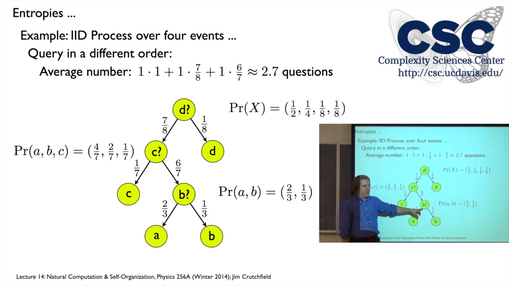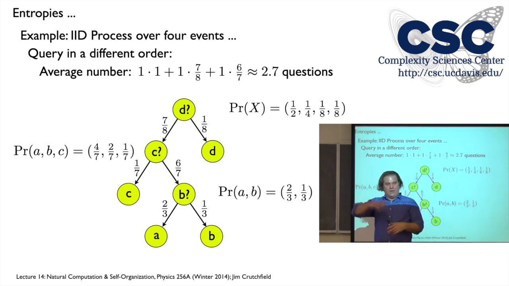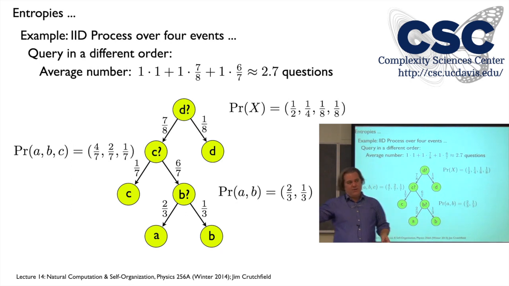In other words, I'll have to ask another question. And then finally I can ask, is it B? Same thing. I now have 2 events with this unequal distribution. So 2/3 of the time it'll be A, 1/3 of the time it'll be B. And then sum that up. So we have one question always, a second question 7/8 of the time, a third question 6/7 of the time. That's 2.7 questions. Clearly longer. It was not an optimal strategy.